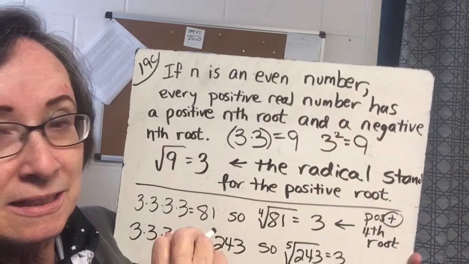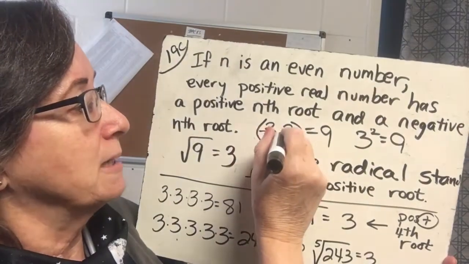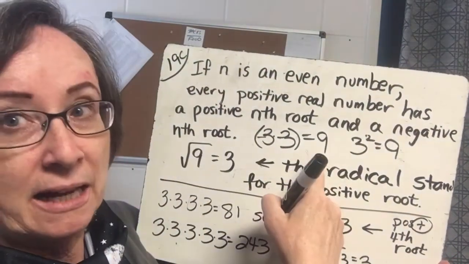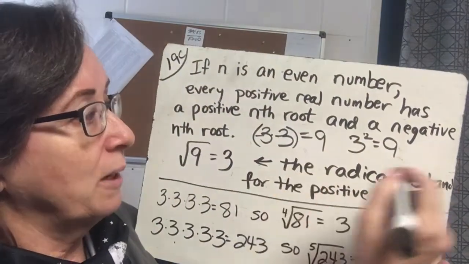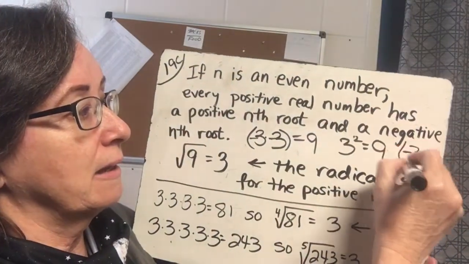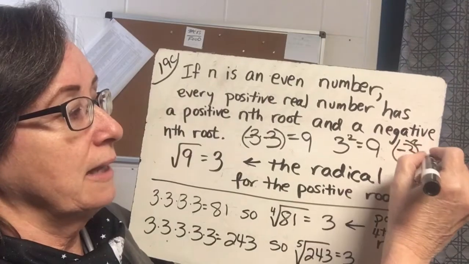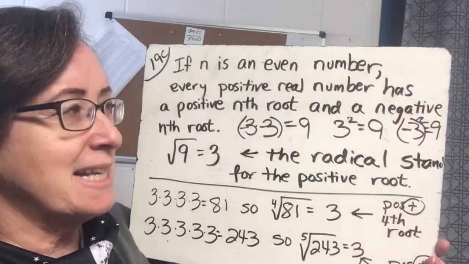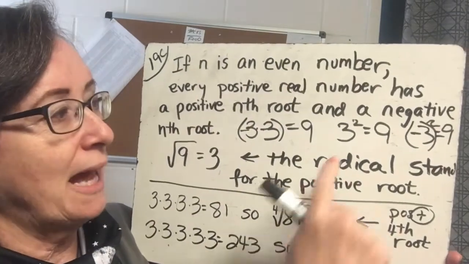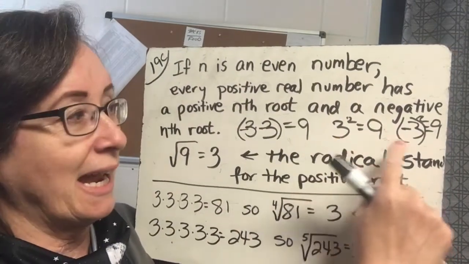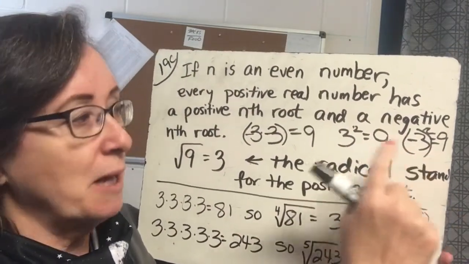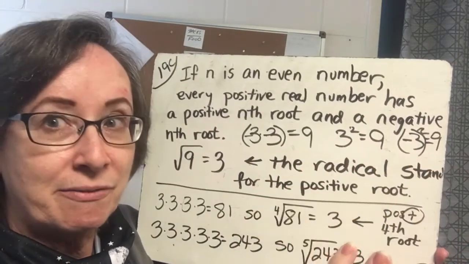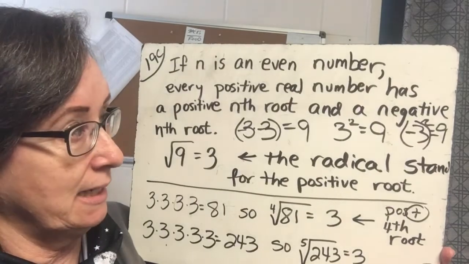But what if I took negative 3 times negative 3? I would still get 9, wouldn't I? So negative 3 squared is 9. So doesn't it make sense that 9 will have a positive square root and a negative square root? Because I can square 3 and I can get 9, and I can square negative 3 and also get 9.